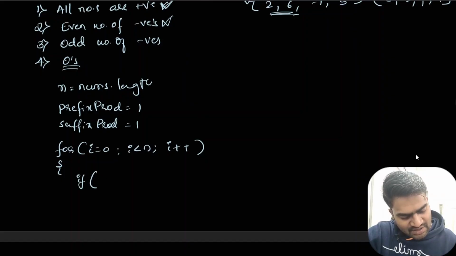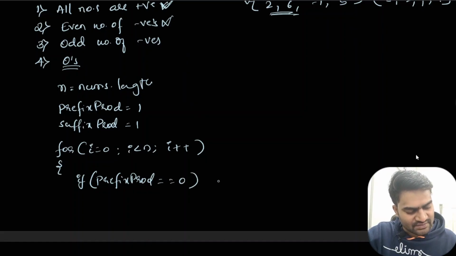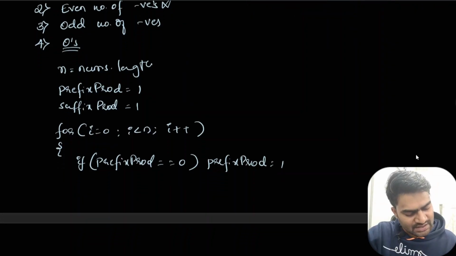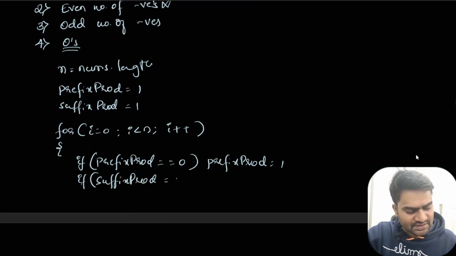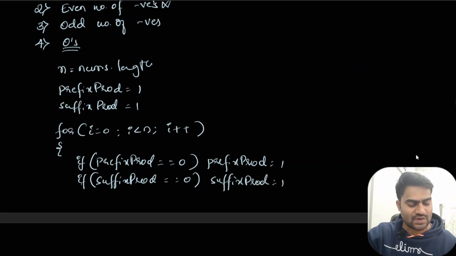So if my prefix product equal to 0, then I will simply reset it to 1. Prefix product equal to 1. Similarly for suffix product, if it is equal to 0, then my suffix product will be reset to 1.